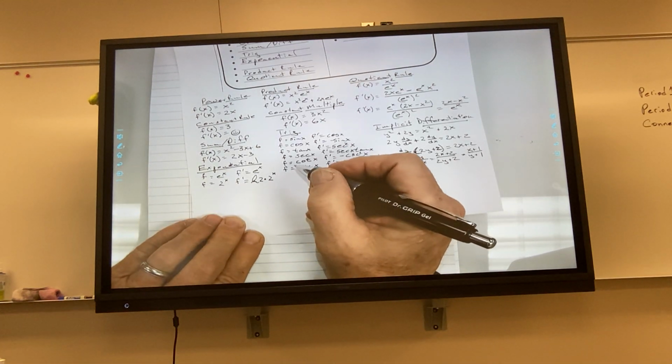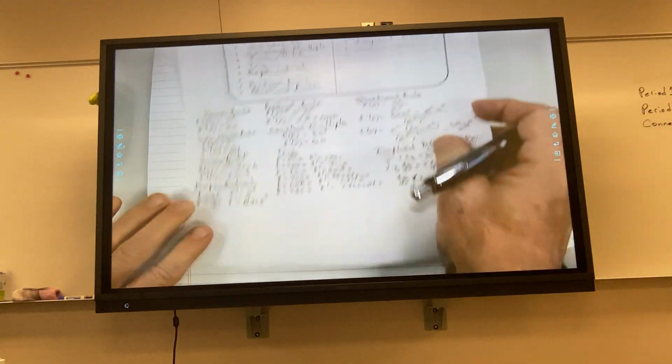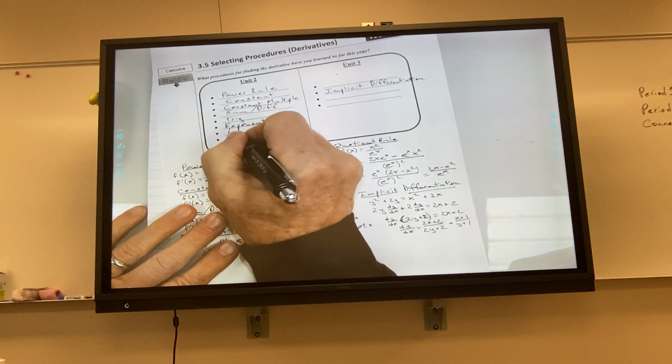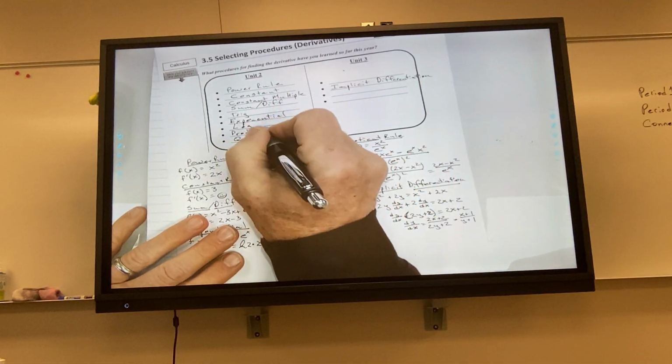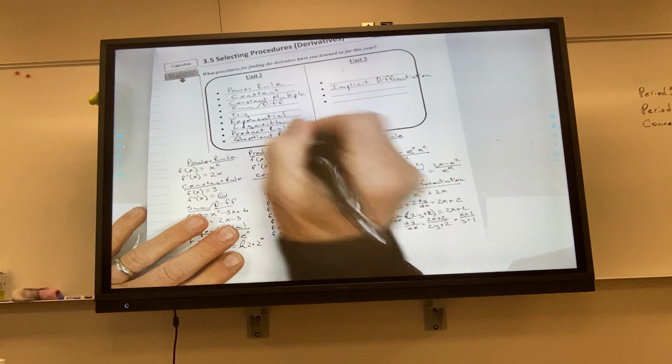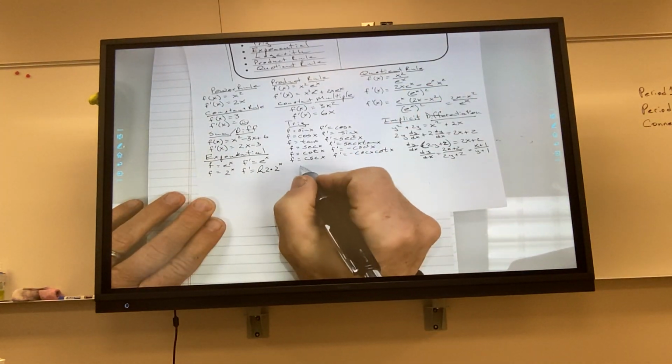Okay, Jonah? Log and natural log. Log, or what we'll call log, is also called logarithm. I've got the room, I guess I should write it. Okay, so over here is where I'm going to write log.